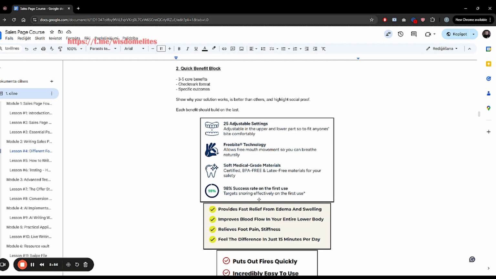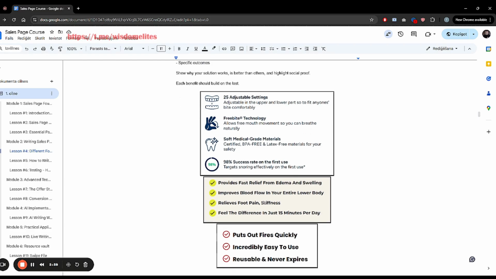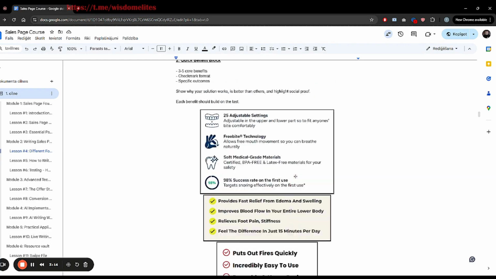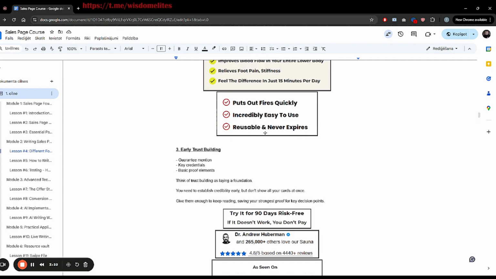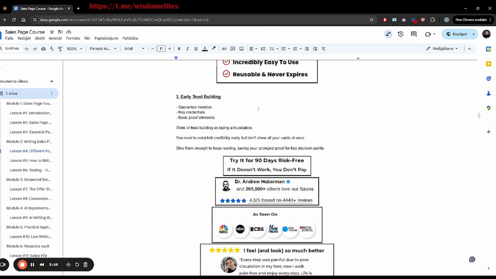But for a different product and a different sales page, it highlights the benefits: provides fast relief from edema and swelling, improves blood flow in your entire lower body, relieves foot pain and stiffness, and feel the difference in just 15 minutes a day. Another quick, simple one says it puts out fires quickly, is incredibly easy to use, reusable, and never expires.